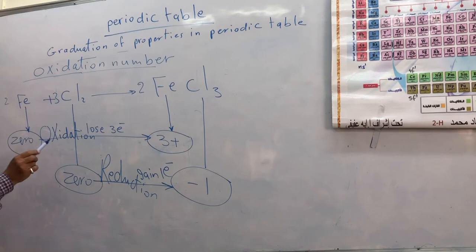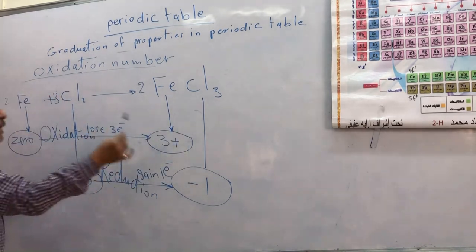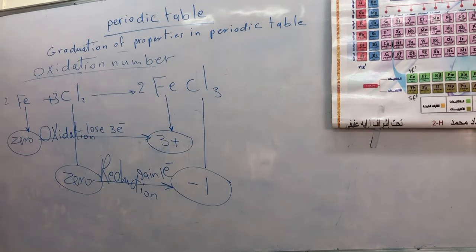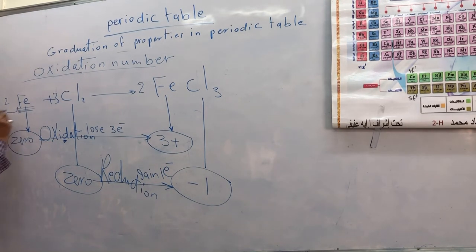The oxidation process is accompanied by losing 1 electron or more. The reduction process gains 1 electron or more during the chemical reaction. The element whose oxidation happens is considered the reducing agent. It is the opposite of the process. Reduction.